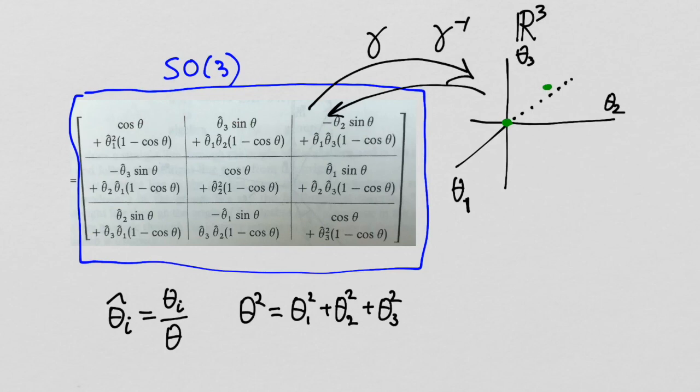The way he does it is he says, okay, we're going to take an arbitrary spot in the coordinate field, and that spot has a certain direction from the origin. We're going to treat this just like a regular 3D coordinate system with unit vectors in the i, j, and k direction, except it'll be the theta 1, theta 2, and theta 3 direction.